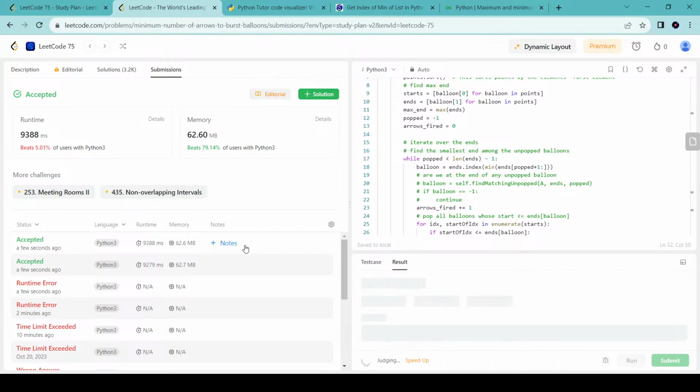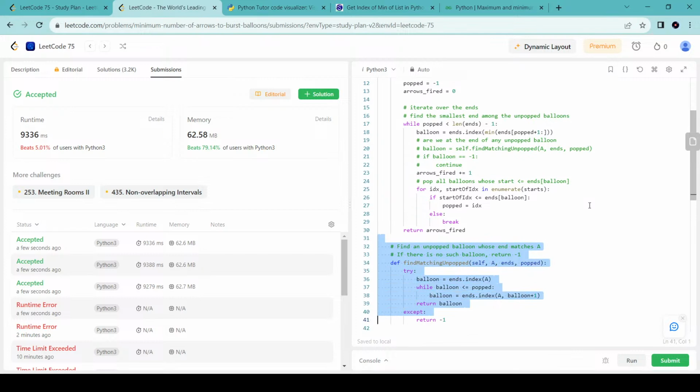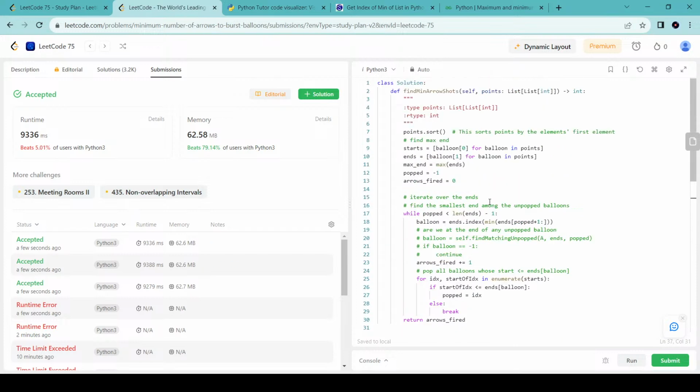Check this out. It took 9 seconds. I don't think this is particularly great. I think there's some optimization we could do around here. 9 seconds. Okay.